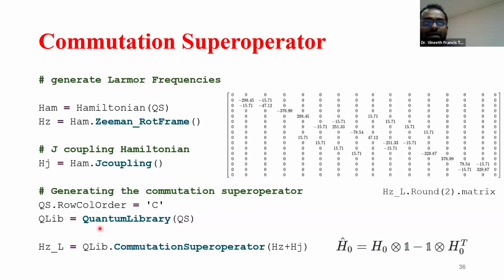So in PyOR, you can choose how to vectorize the density matrix. If you write C, it will vectorize by row. If you write F, it will vectorize by column, and the corresponding commutation superoperator will be created. To create the commutation superoperator, you give the Hamiltonian you just created as an argument, and it will create the commutation superoperator, which you can see as a matrix by typing dot matrix.